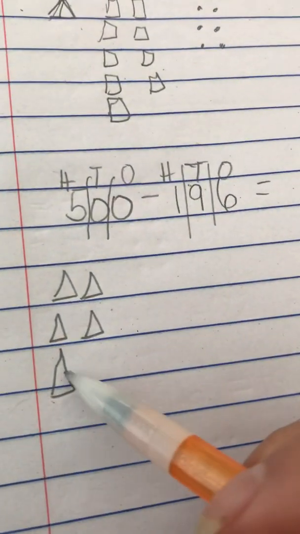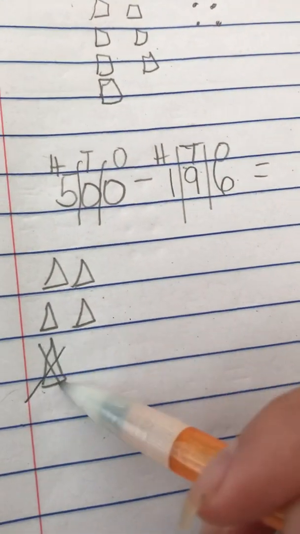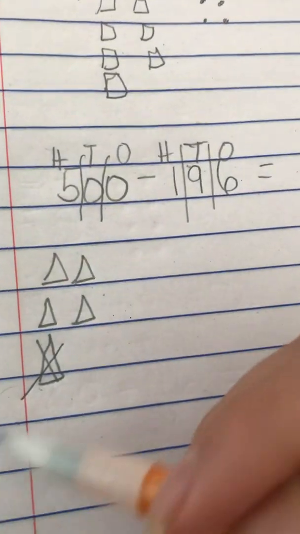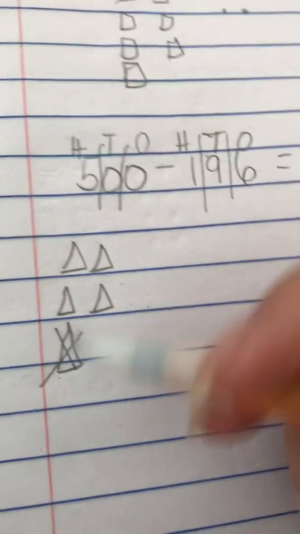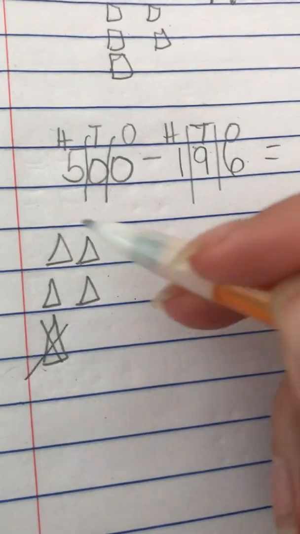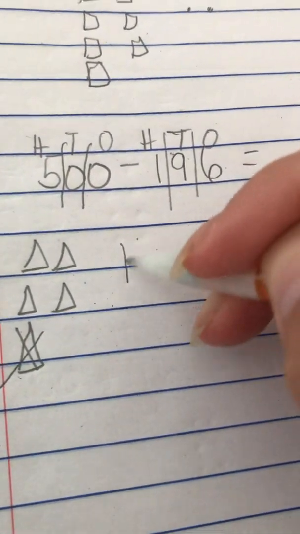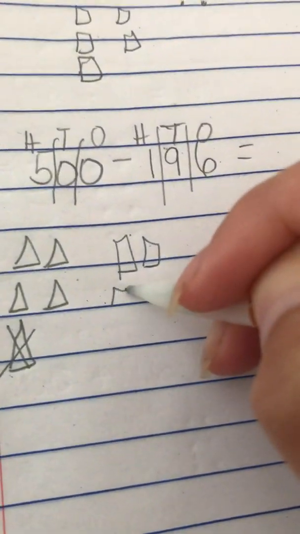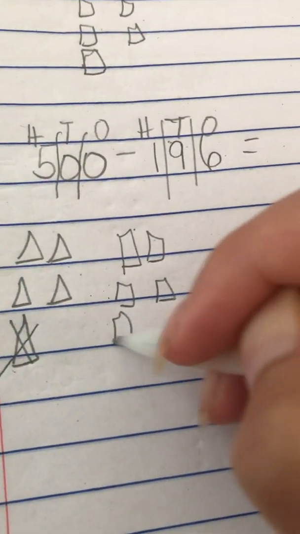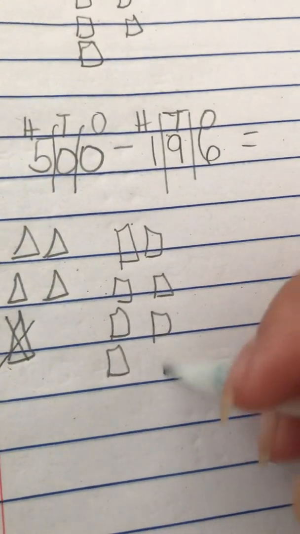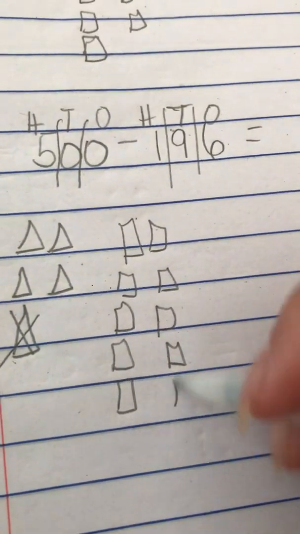So looking at here, there's no ones that we can borrow from or regroup. So we're going to regroup 100. So meaning we're going to break down one of the 5 100s into tens. So we're going to go 1, 2, 3, 4, 5, 6, 7, 8, 9, 10.